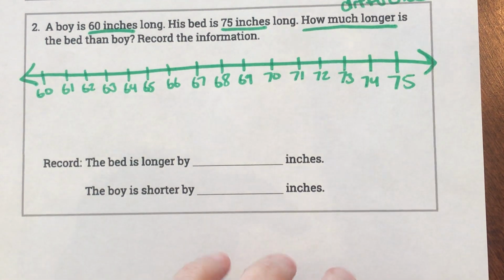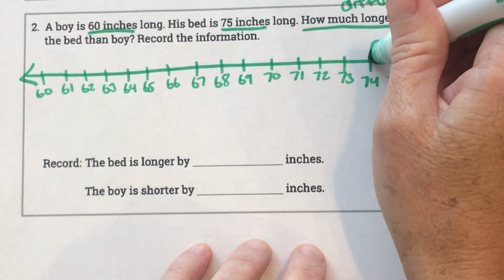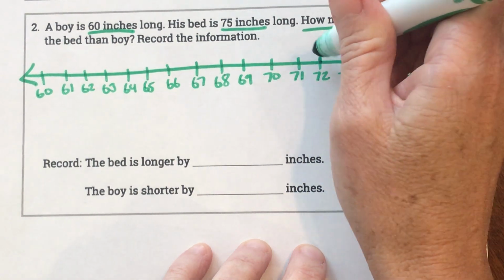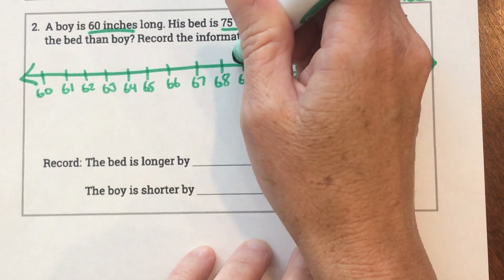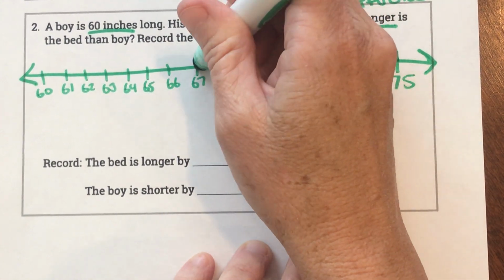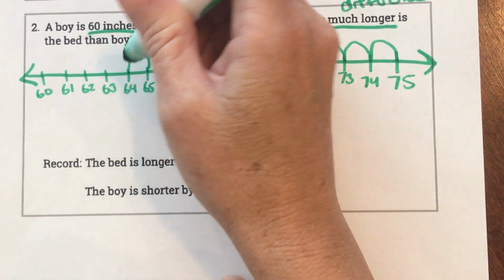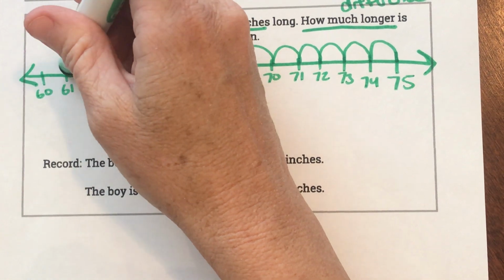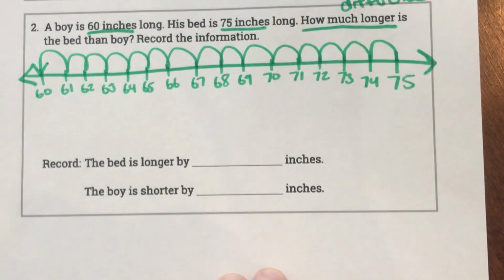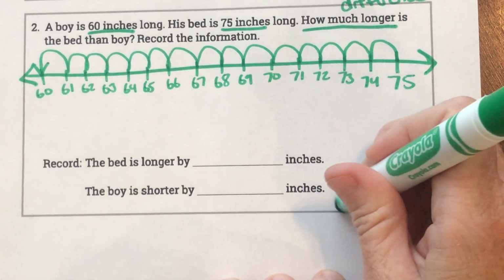Okay, so how many counts back is that? Let's count. Let's start here. 1, 2, 3, 4, 5, 6, 7, 8, 9, 10, 11, 12, 13, 14, and 15. So I had 15 counts.